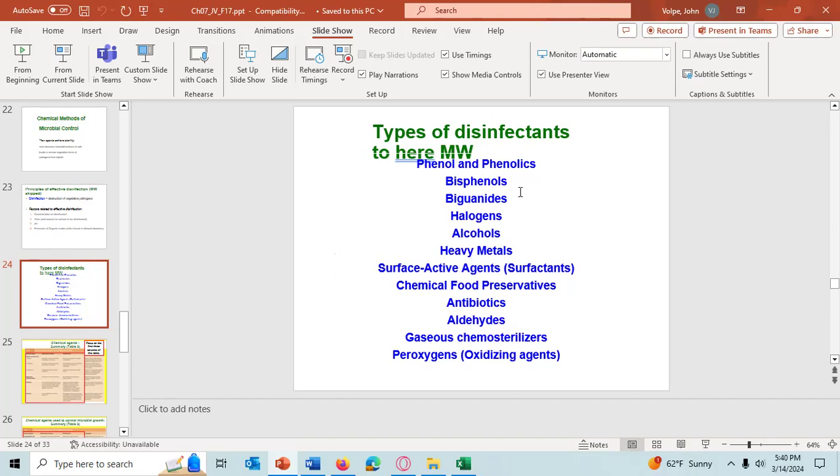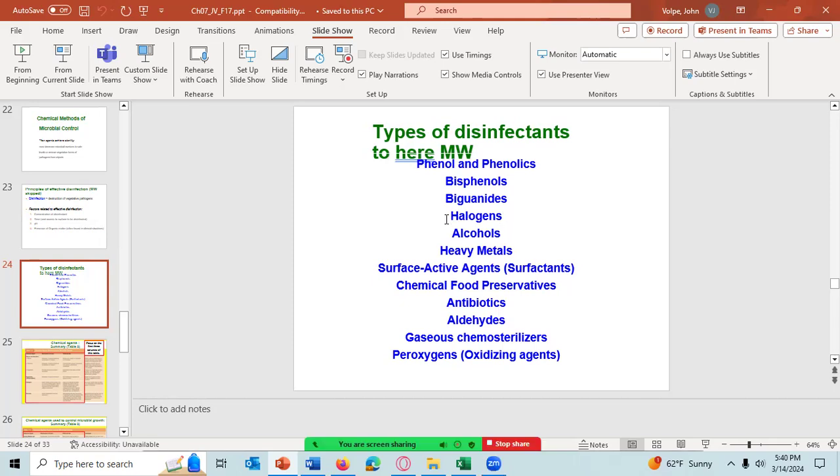He was actually using phenol, which is not a good agent to use because it's irritating to the skin. He didn't know this, but it also causes cancer, and it has a disagreeable odor. Oh, and then it's corrosive to metals, and he was using it on his surgical blades. But it was the best disinfectant agent he found back then, and that's why he used it.